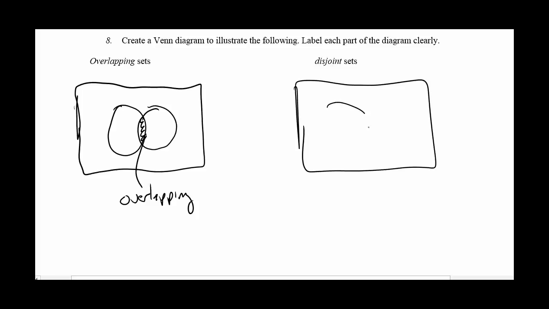Disjoint sets, okay, so I've got a universal set. It's the set of everything. Disjoint sets are sets that have absolutely nothing in common, so there's no overlapping component to them. So no overlapping.